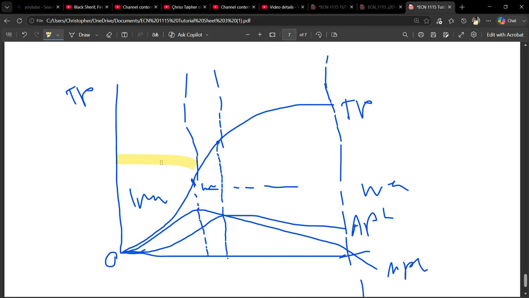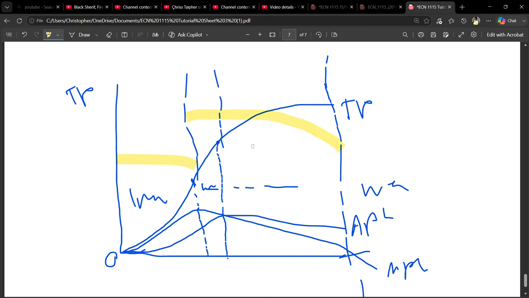Increasing returns means that the more you add labor to a fixed input, the output is going to be increasing. The moment you reach the point of inflection, marginal product of labor starts to decrease. You're going to find that diminishing marginal returns starts to operate. This is the part now.